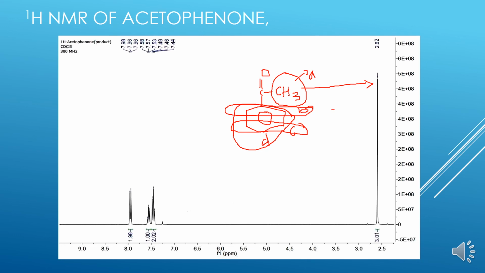Therefore, ortho gives a doublet. This means it splits into two, so it is a doublet. For example, for this meta proton, there will be two neighboring protons. Therefore, it is a triplet.